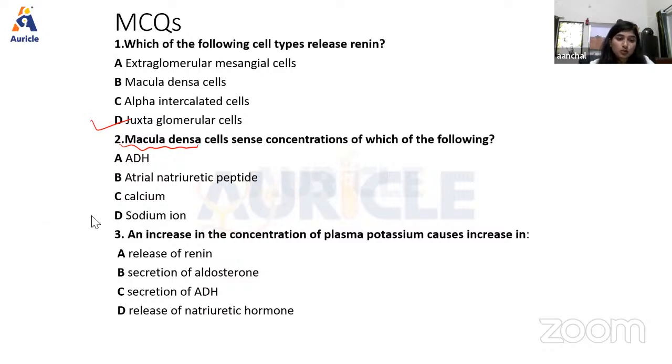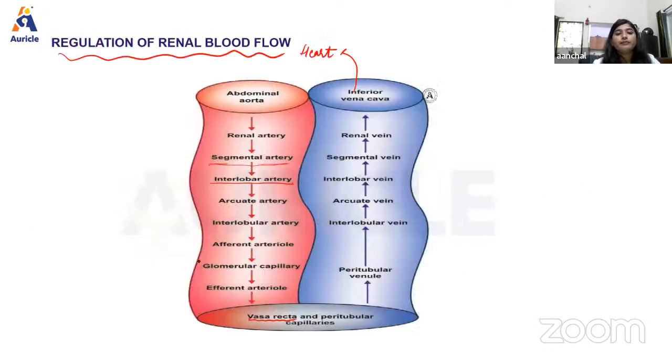Yes, the answer is sodium ions. Now the last, an increase in the concentration of plasma sodium causes increase in what? Release of renin, secretion of aldosterone, secretion of ADH, release of ANP. What is the answer? Yes, the answer is 1, release of renin.